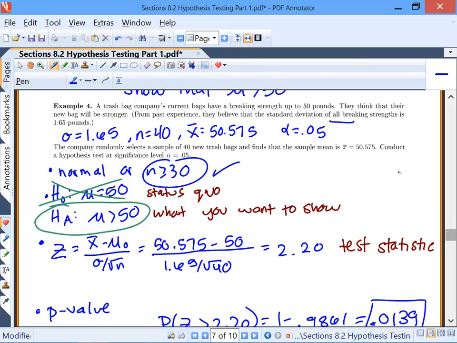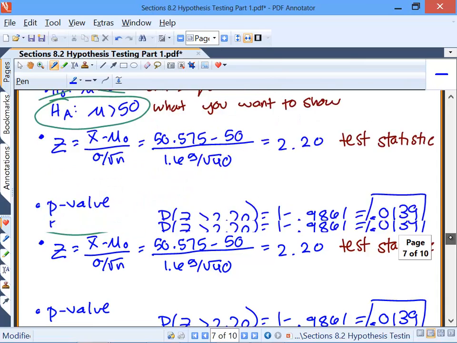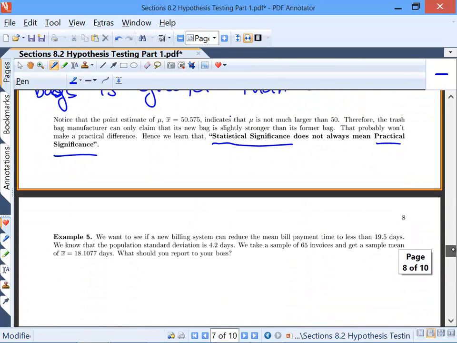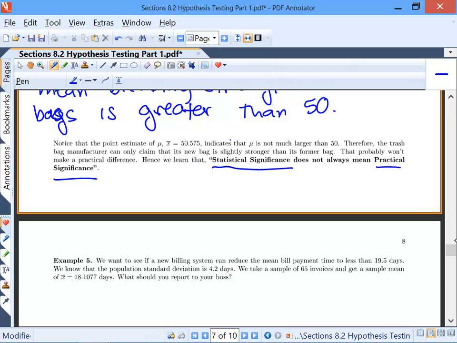It will change based on what your alternative hypothesis is. If this is a less than, not equal to, or greater than, the only thing it changes is how you find your p-value. So for a greater than, I shade the right tail. For a less than, it would be like the left tail, and a not equal to would be both tails. So I think my next example should be something different, so you can see an example of a different alternative. But the only thing it changes is how you find your p-value.